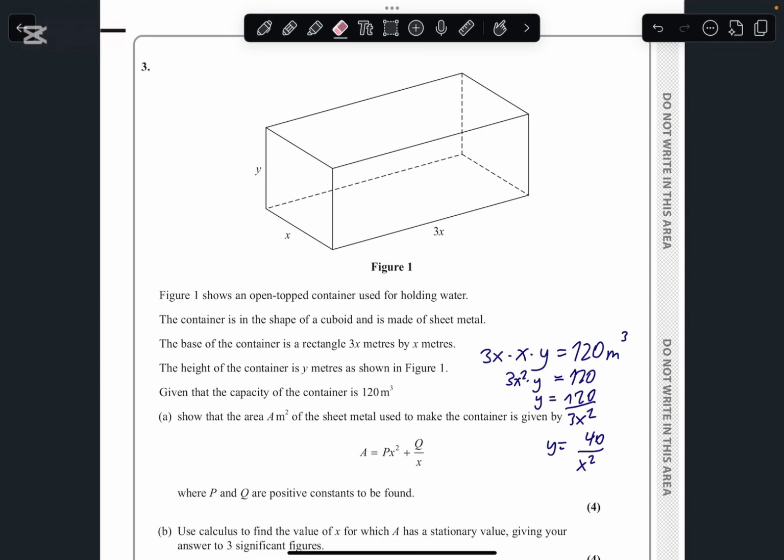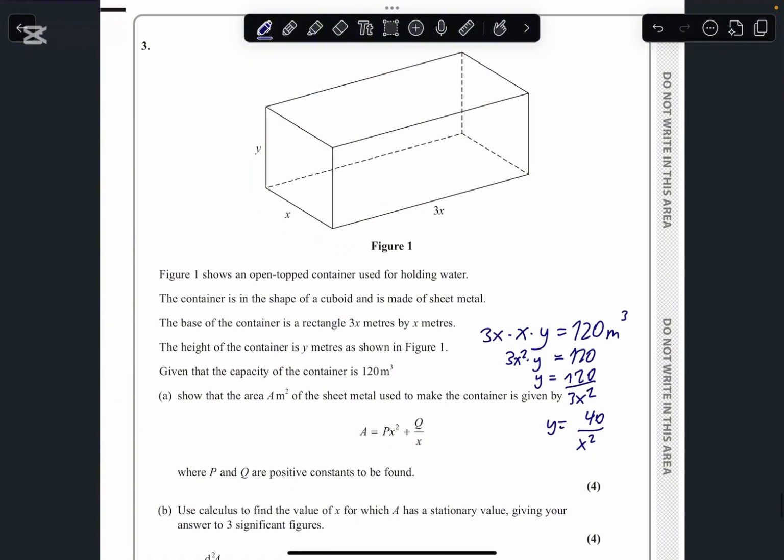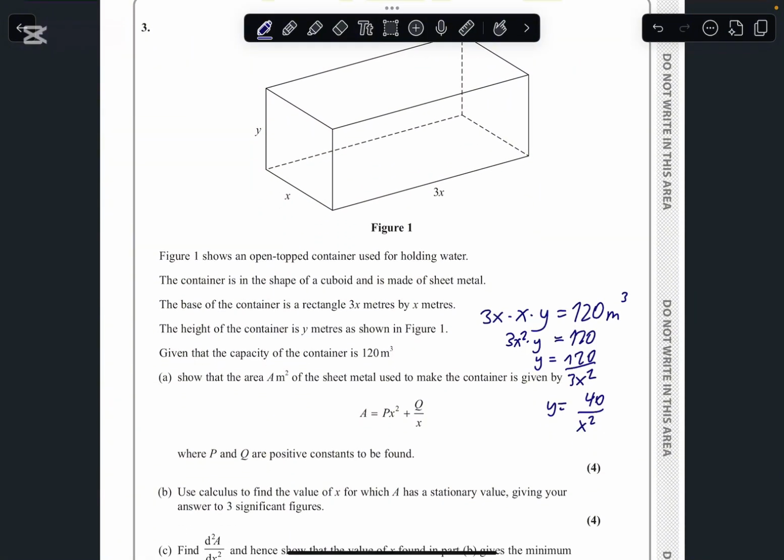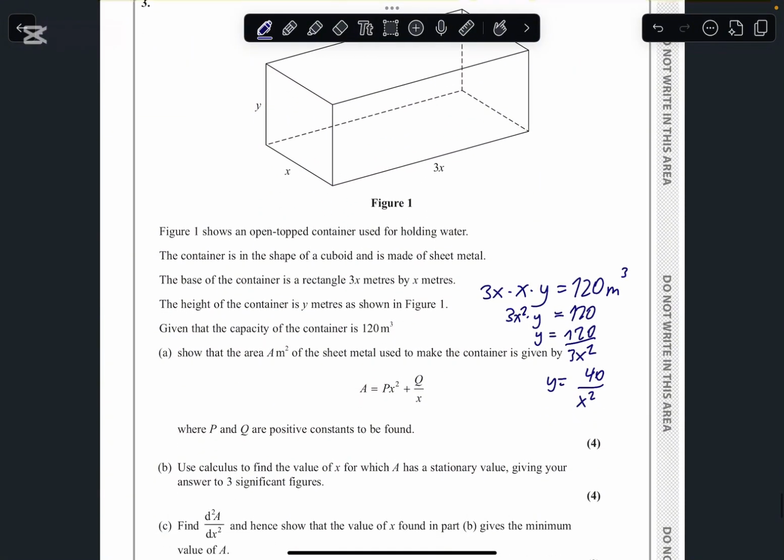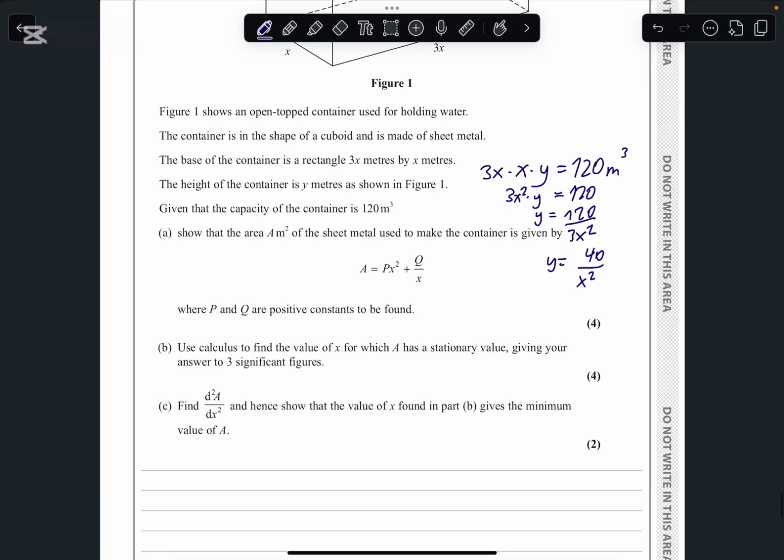So we'll have 2 of these sides, one here, one there, 2 of these sides, one here, one there, and one this side here. So knowing that, we can just add all those sides and we will find that equation.